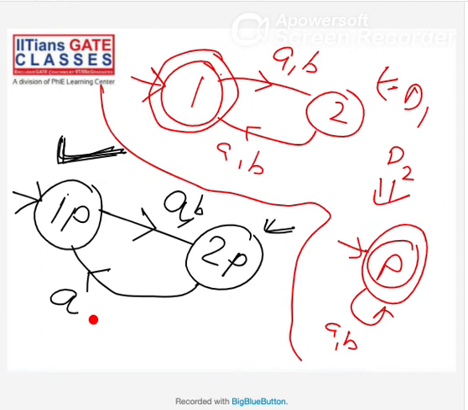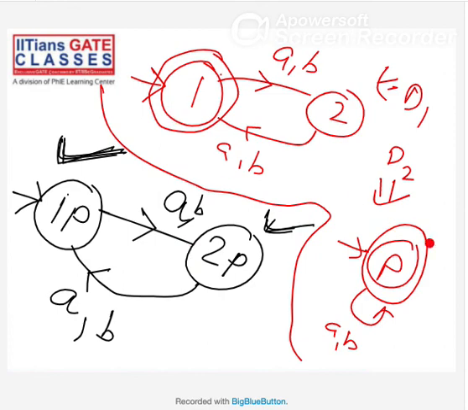From 2p, where will you go on B? You will again go to 1p, because 2 will go to 1 and p will go to p. Now this state is also covered. So you have covered everything. You can check, this is your product automata.